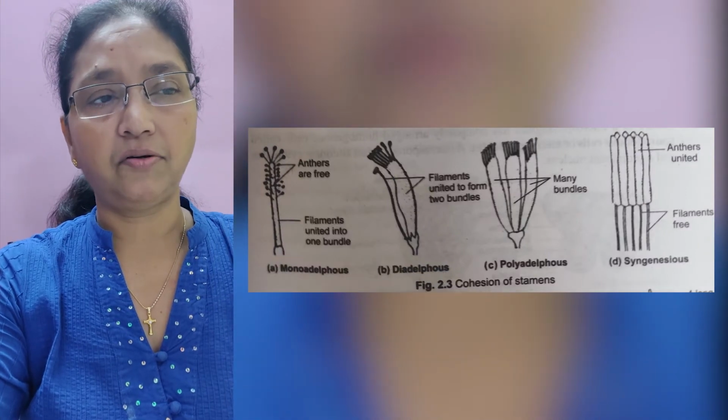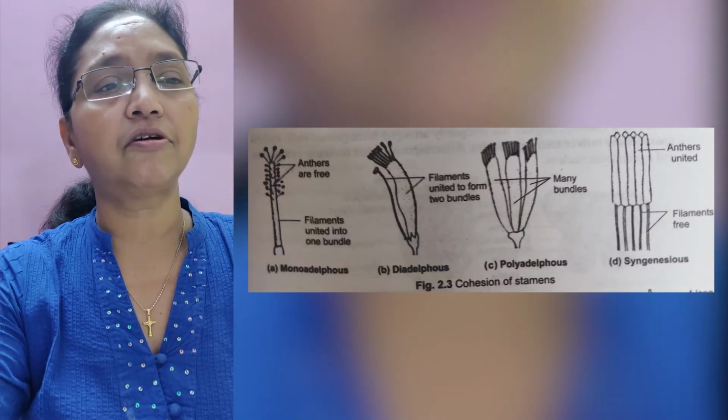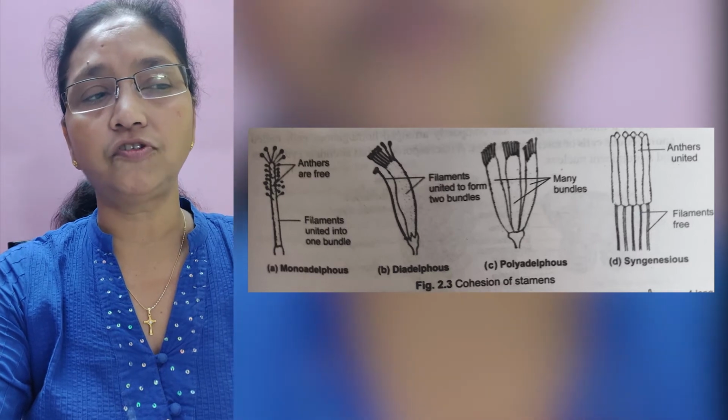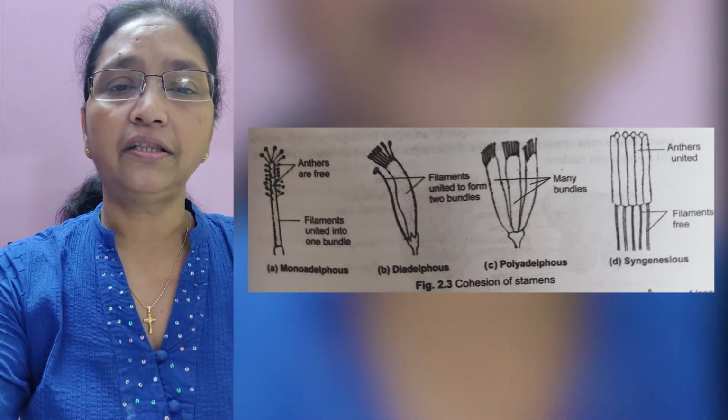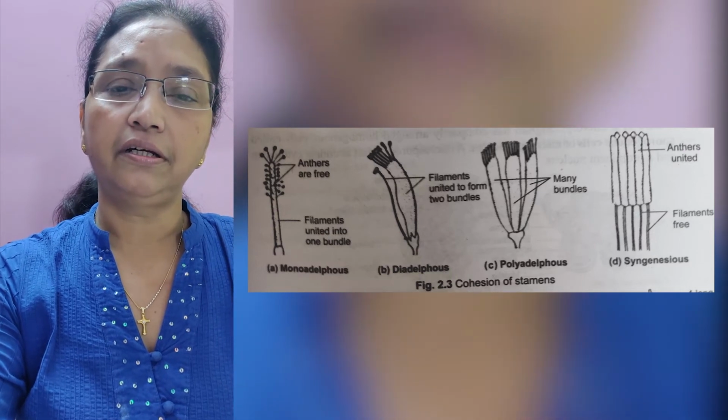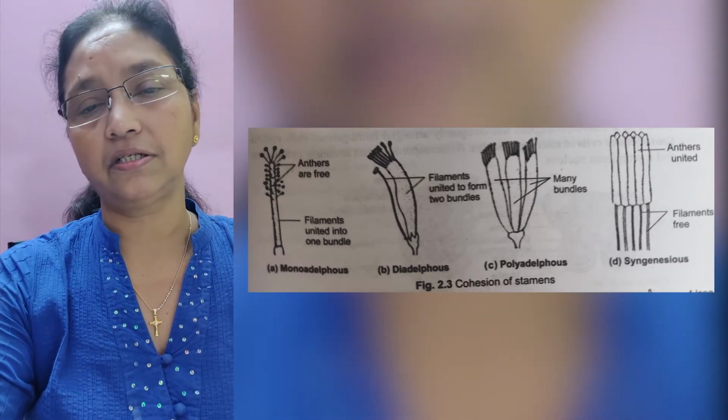In flowers, the stamens show a wide range of variations in their arrangement and attachment. In the first case, that is the arrangement, filaments of all stamens are fused together into a bundle, and the anthers are free, in flowers like hibiscus.